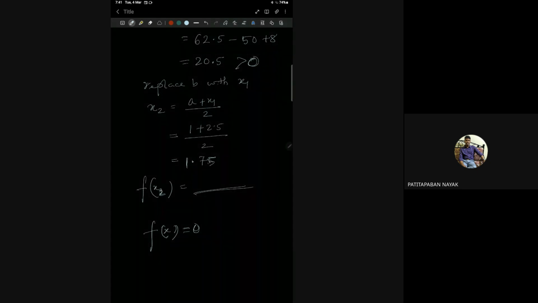I am bisecting a and b. A plus b by 2 means I am bisecting a and b to get the midpoint. And then using that midpoint I'm checking the value of f of x, and then from x1 I'm getting x2, from x2 I'll get x3, from x3 I'll get x4. I'll keep on doing this until f of x is equal to 0, and that will give me the value of x.